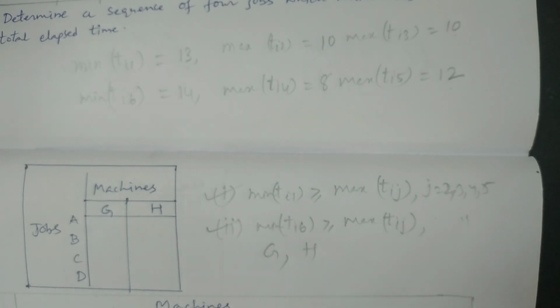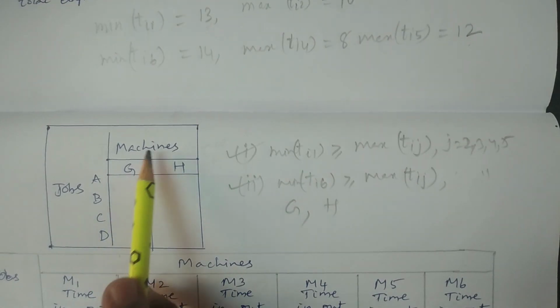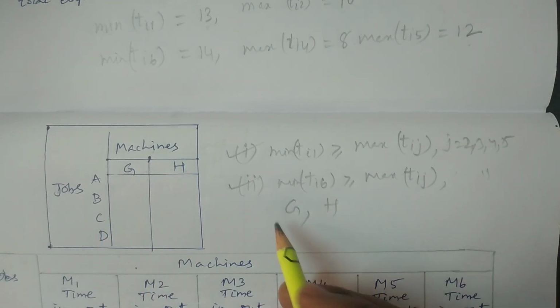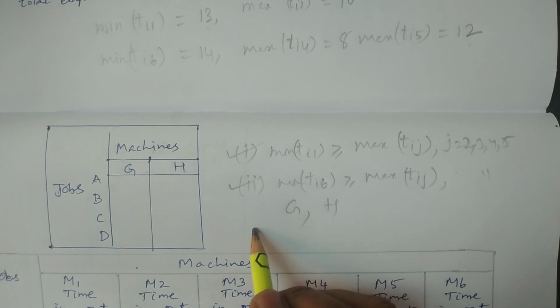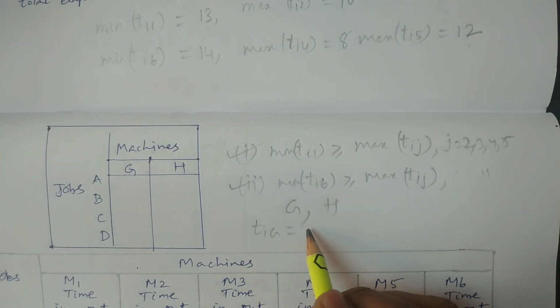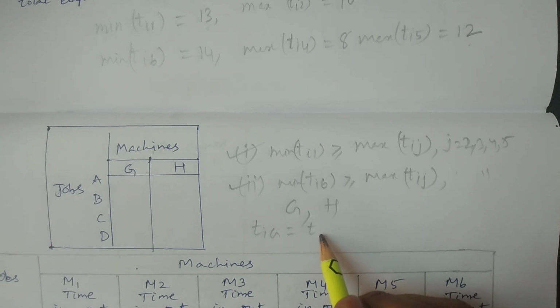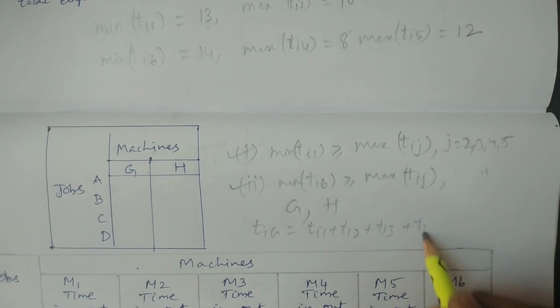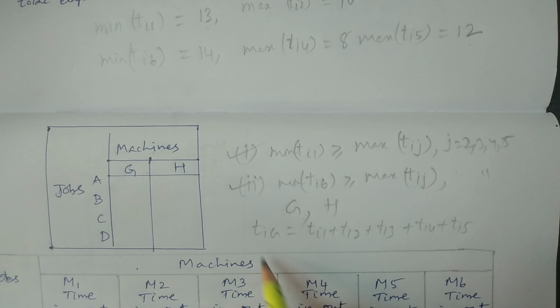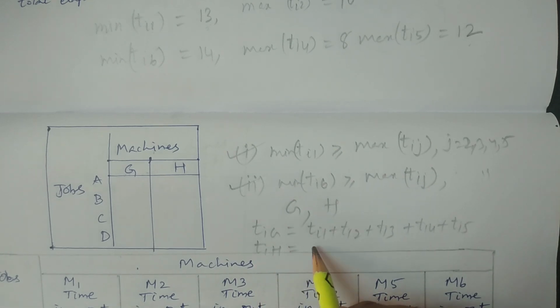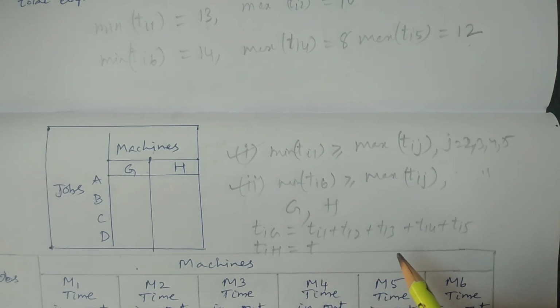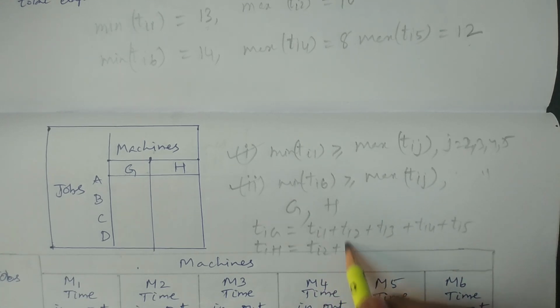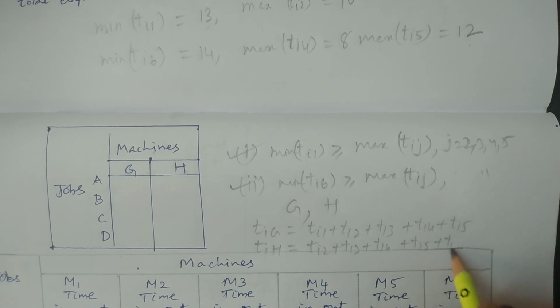So I have prepared a table here, with the 2 dummy machines G and H, whose processing times are called TiG and TiH. What is the formula? TiG is Ti1 plus Ti2 plus Ti3 plus Ti4 plus Ti5, and TiH, leaving out the first one, is Ti2 plus Ti3 plus Ti4 plus Ti5 plus Ti6.